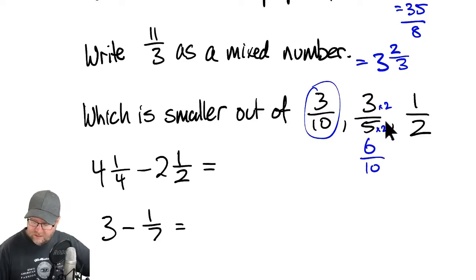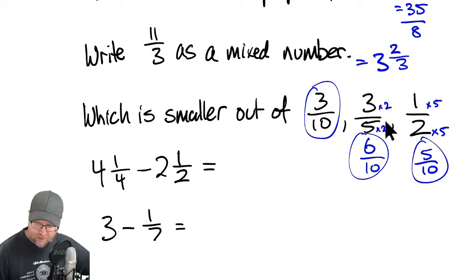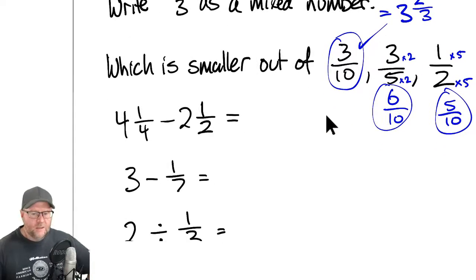This one, to make it a 10 on the bottom, I have to multiply the denominator by 5, which I do the same on top. So I end up with 5 over 10. So now I'm comparing which is smaller, 3/10, 6/10, or 5/10. Well, pretty obviously, it is the 3/10. It's the smallest of those three, but we can only compare them once we've got the same denominator by making these equivalent fractions.